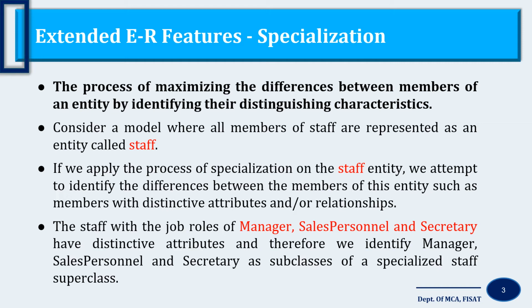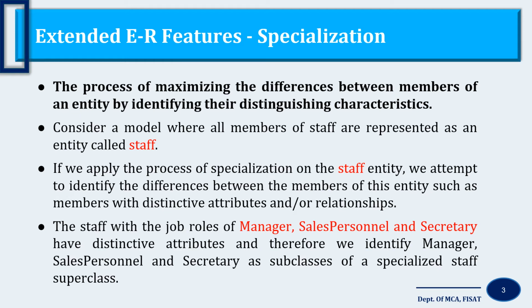By considering all the entities in the staff, we identify groups which have some properties in common. For example, from the staff, the manager will have its own properties, and the secretary will have its own distinctive attributes, right?